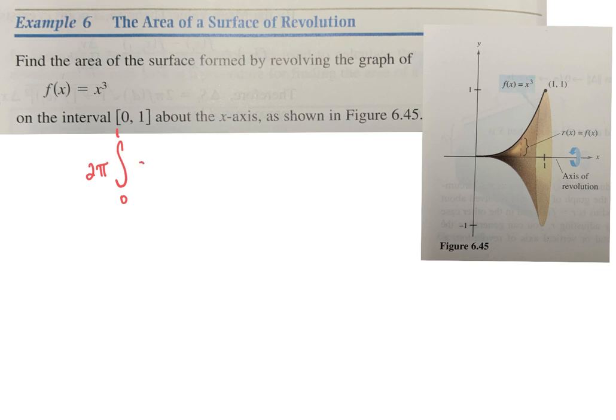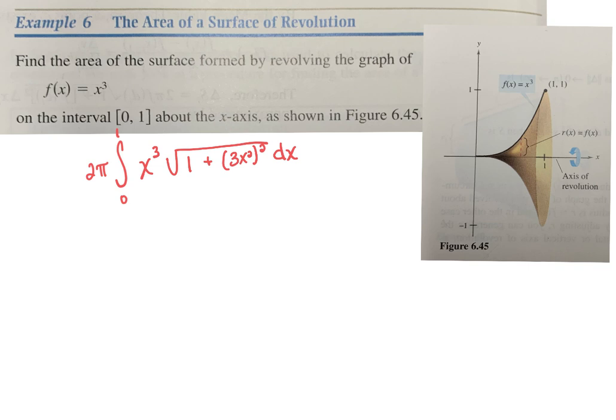So my r is going to be the function they gave me. And then I'm going to use the formula that I use for the length of the arc itself, which is going to be the square root of 1 plus the derivative. The derivative of this particular function is 3x squared dx. All right?